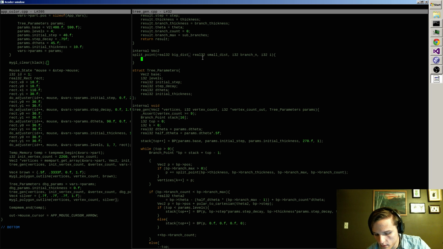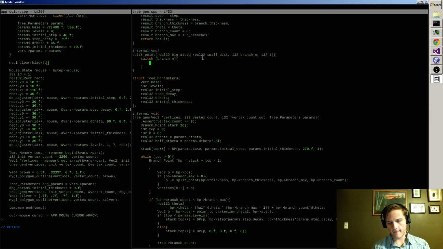Now we gotta compute that stuff. And technically I said 2 and 3 are special cases, but also 1. So I'm just gonna switch on branch n, also 0.